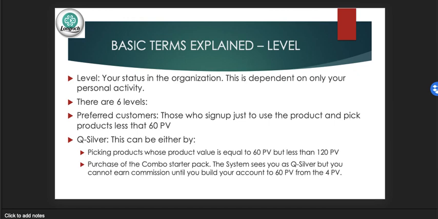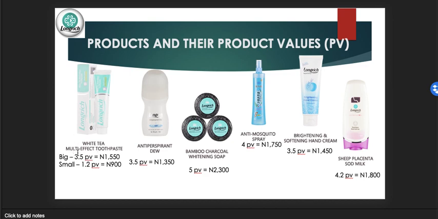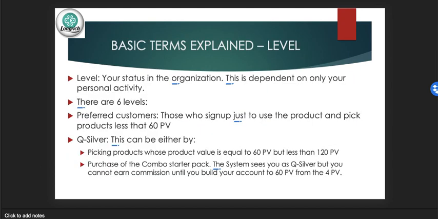One toothpaste, if you will remember, is 3.5 PVs, the big one, and you buy 3, that is 10.5 PVs. You are not yet 60 PV, you did not buy a combo, the system sees you as a preferred customer. You chose to pick products less than 60 PV, and you have a window of 3 to 4 weeks within which to upgrade to 60 PV or remain a preferred customer until the next window opens.